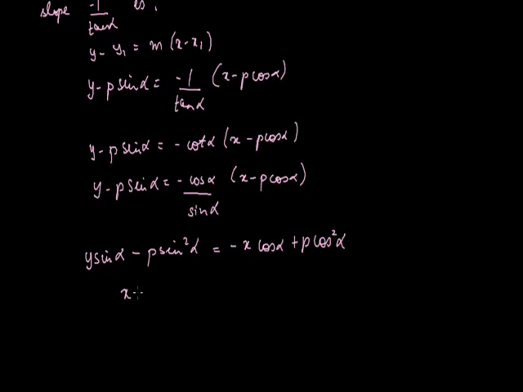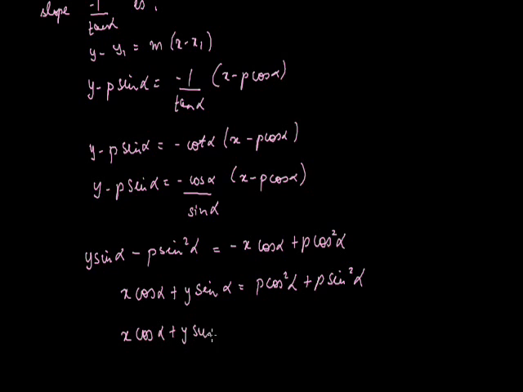My equation becomes x cos alpha plus y sin alpha is equal to p cos square alpha plus p sin square alpha. So my equation becomes x cos alpha plus y sin alpha is equal to, I'll take p common from both the terms, p of cos square alpha plus sin square alpha.